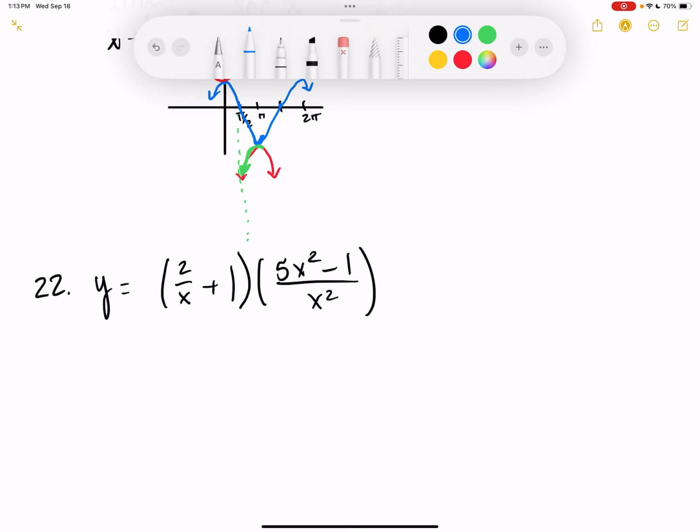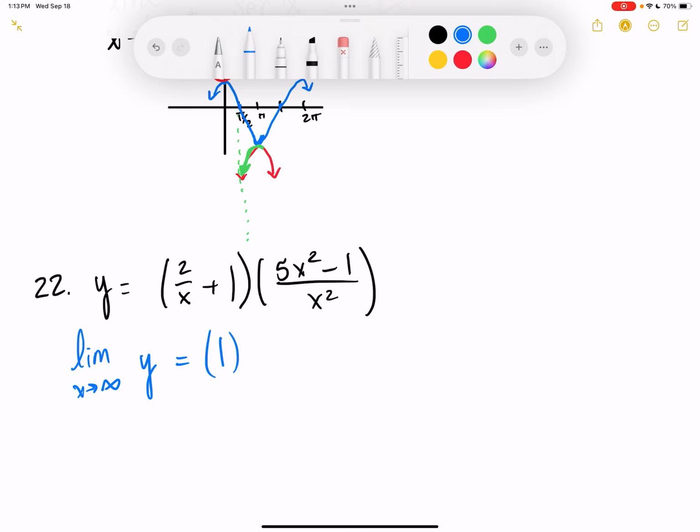All right, so the limit as x approaches infinity of y. What happens if I put in infinity in this first thing? Tiny, plus 1. One with a tiny. So 1 times. What happens if I put in infinity here? Those terms kind of cancel, so I'm left with 5.